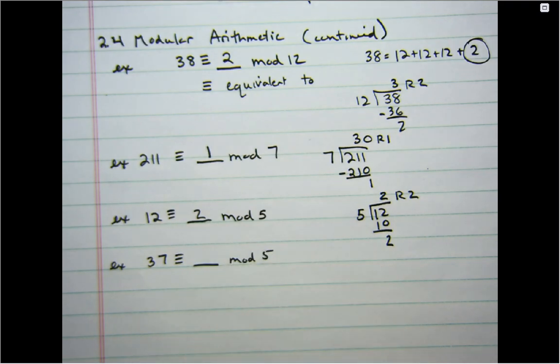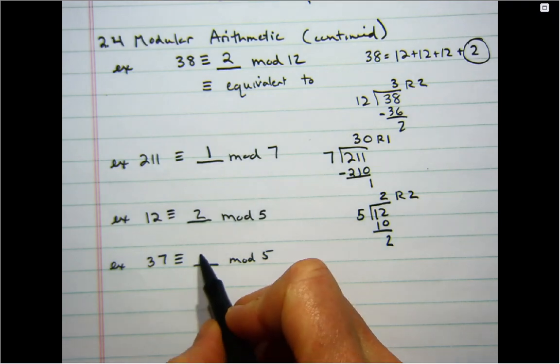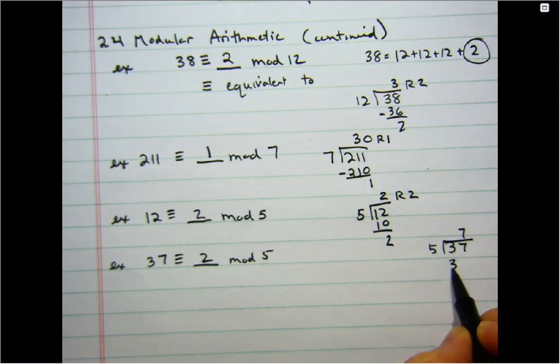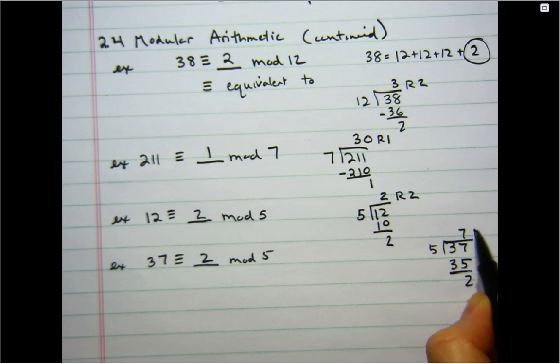Mod 5 you can maybe even do in your head, right? You just think about how much more than a multiple of 5 it is. Can anybody do 37 mod 5 in their head? 2, yeah, because it's 2 more than 35. If you divided 37 by 5, you'd get 7 remainder 2. So again, you're looking at the remainders when you do modular arithmetic.